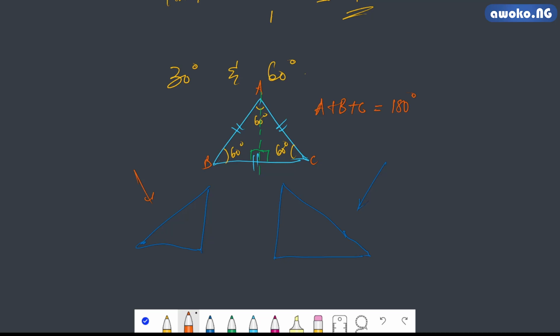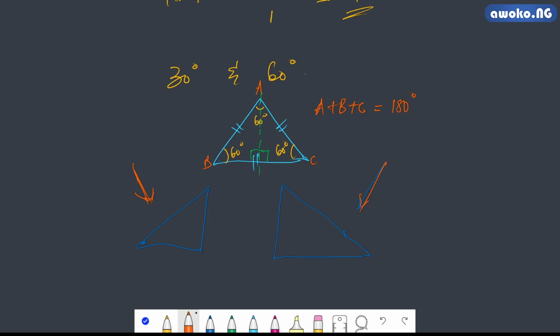Is that okay? So be it right angle or left angle, the only thing you just need to know is that the right angle triangle is this, and the right angle triangle is also this, okay? So whichever side it is facing, if it's facing your left side, it is still a right angle triangle, insofar as one angle in that particular triangle is equal to 90 degrees.